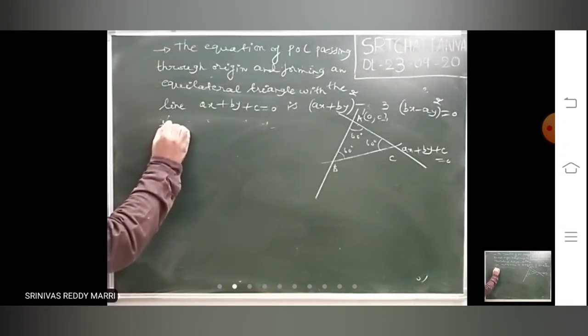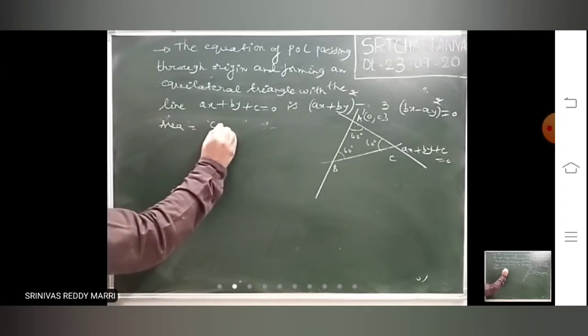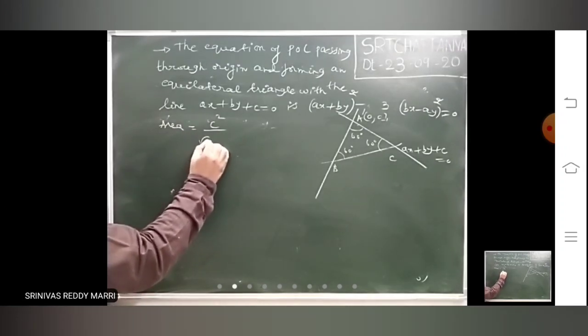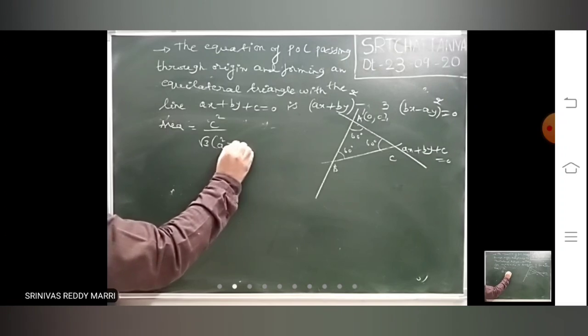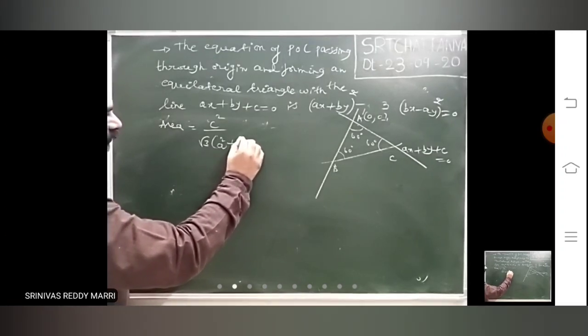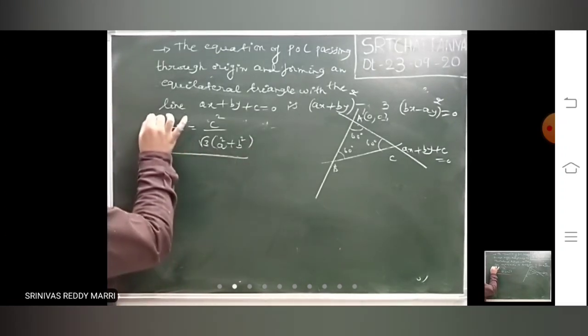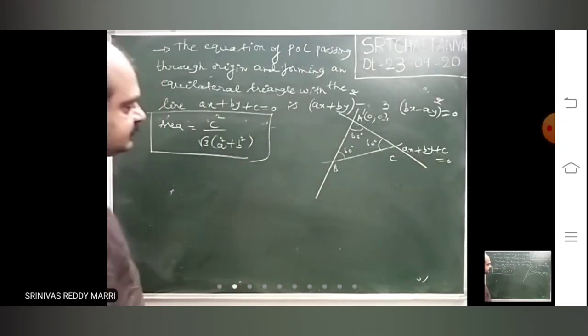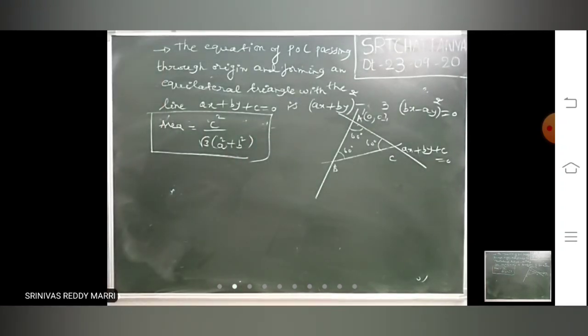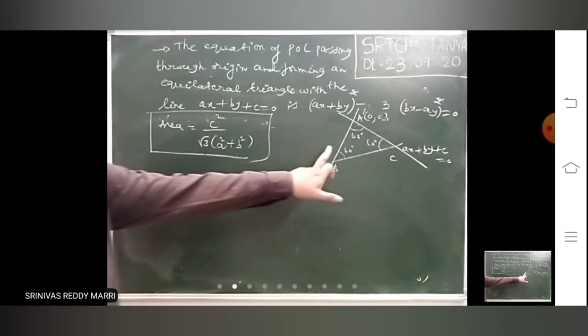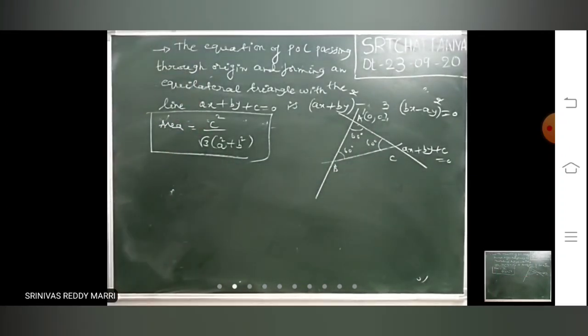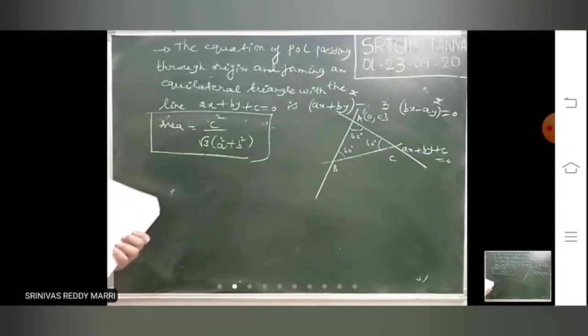Now this area of the equilateral triangle, particularly, you remember in the previous formula substitute alpha equal to 60. This is the formula for an equilateral triangle. Base angle is what in an equilateral triangle? 60 degrees.